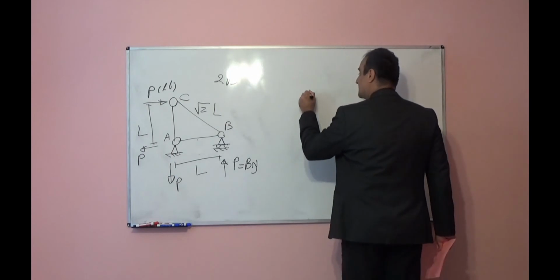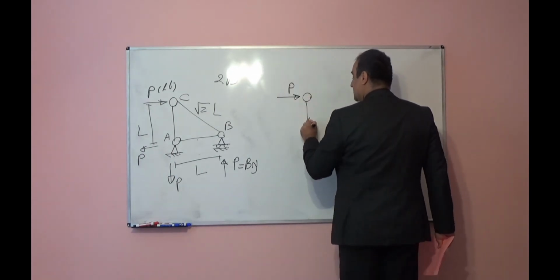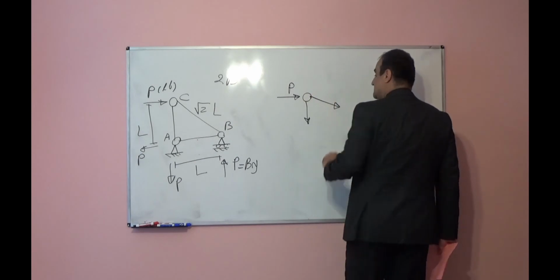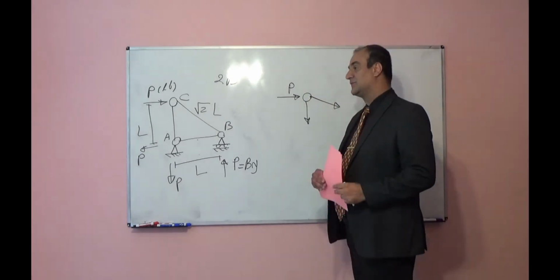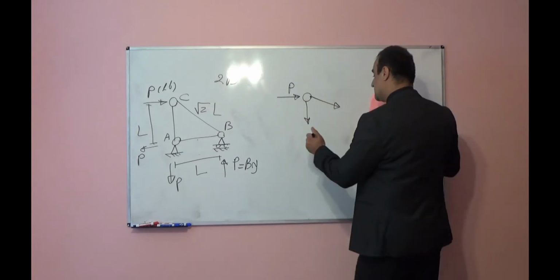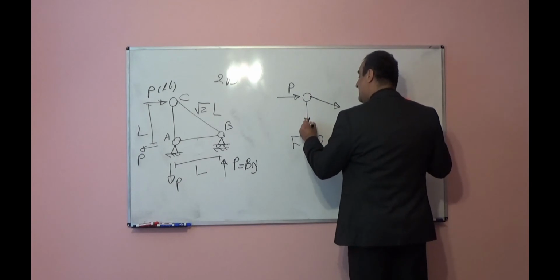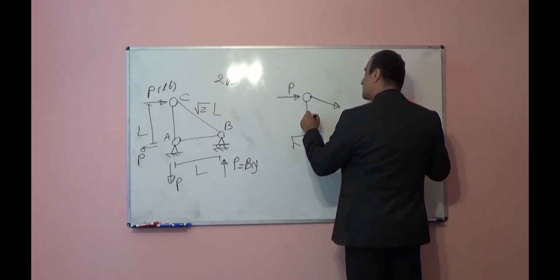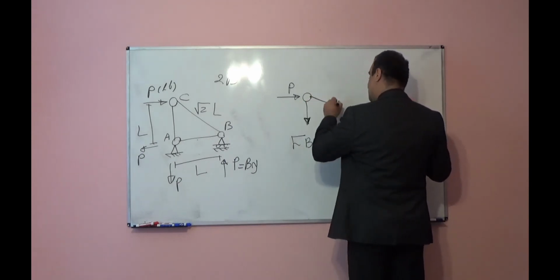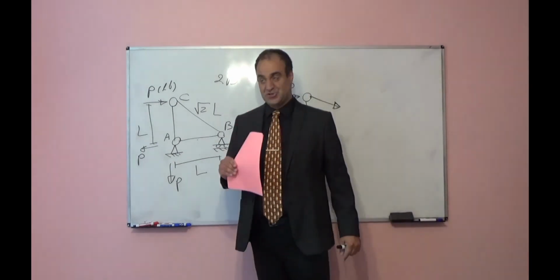Assume I start from joint C. This is the external load P. The internal forces are unknown. Once you are cutting the joint and showing the free body diagram, the arrow direction for internal forces should go out of the joint like this. This means, remember, it is in tension.